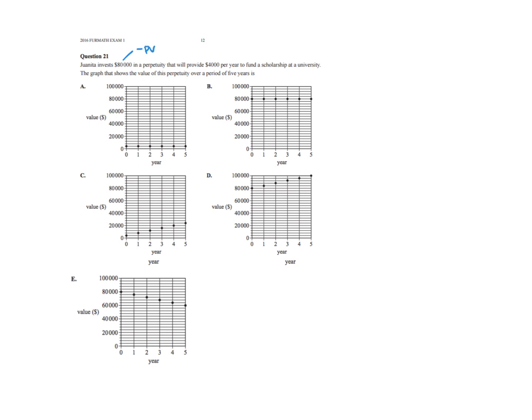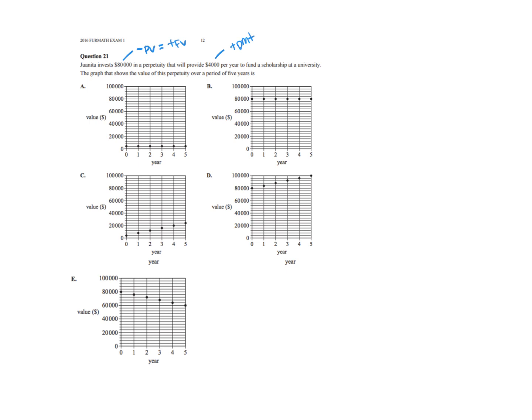So that will also equal the positive FV on Finance Solver, and it will provide a $4,000 a year scholarship. So if you were doing that on Finance Solver, that would be a positive payment coming out to you, and that's what the yearly interest is. And then they take that $4,000 out, and then they go again with their same $80,000 for a year.